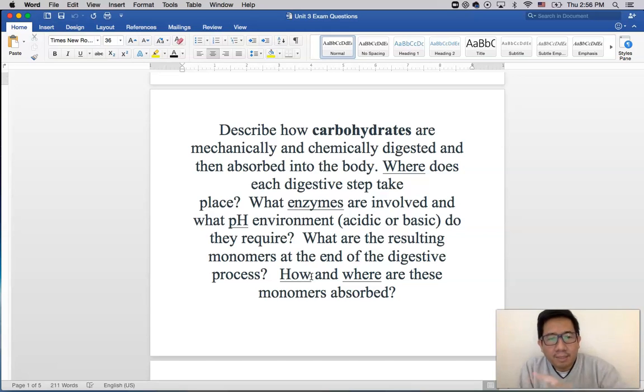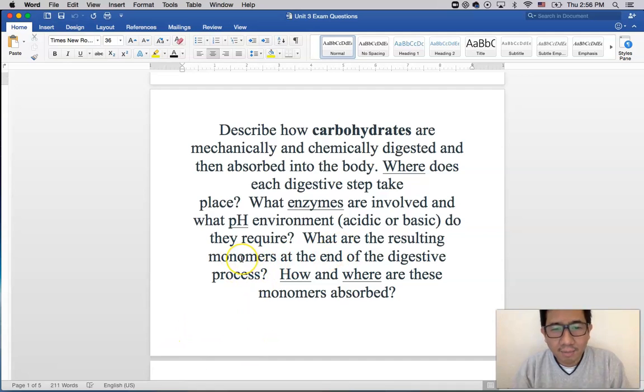Okay, so digestive steps take place in your mouth, your stomach, and your small intestine. What happened in each place? You guys should be able to come up with that. What enzyme? We talked about enzymes. Lipase in the mouth, lipase in the small intestine, and brush border enzyme that also breaks it down as well. The pH environment is acidic.